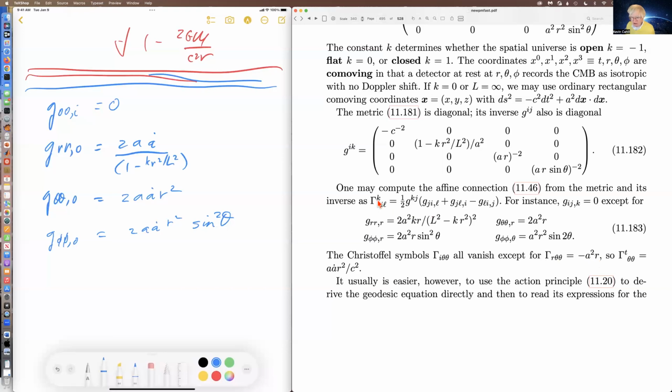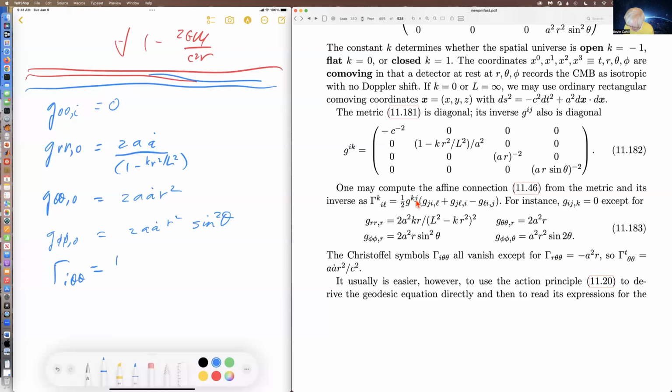Let me just remind you that what gamma I theta theta would be, it would be this expression, but without raising the first index.